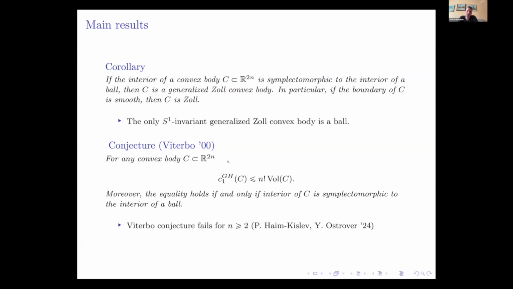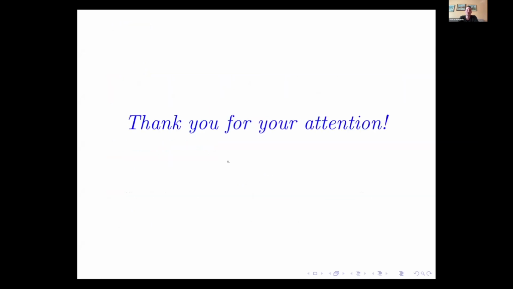So whether one can hope that they are all symplectomorphic to a ball, or maybe something exotic can happen. So this is in a way open. So I would maybe finish with this. Thank you very much for your attention.